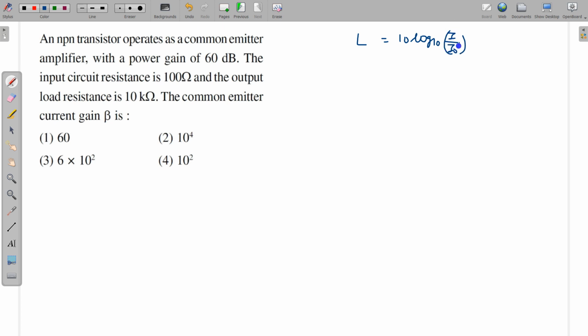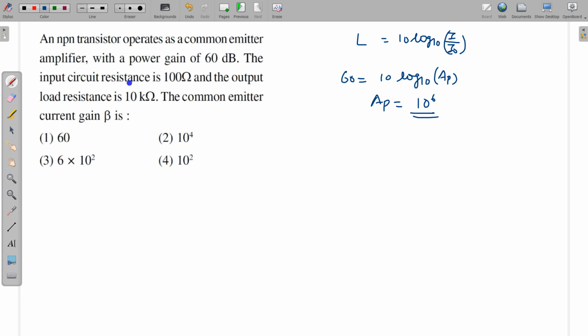So it is just a comparison of two intensities with the threshold intensity. Likewise we can use this 60 decibel also. This 60 should be equal to 10 log 10 of that ratio, and that is AP, the power gain. So AP from here is 10 to the power 6.